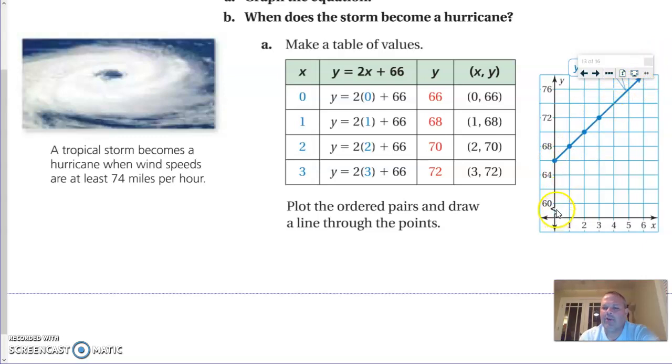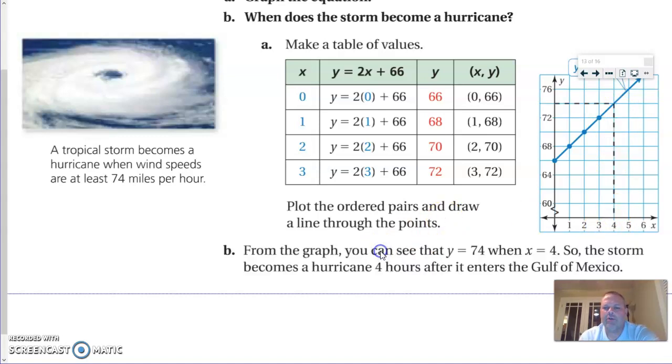Now, also look down here. It means that there's a part missing, so this is a little misleading sometimes. But when it becomes 74, you can see here is 74. So there is 4 hours later, which would be our answer. So when does a storm become a hurricane? 4 hours after it enters the Gulf.